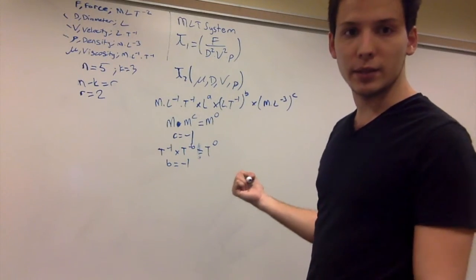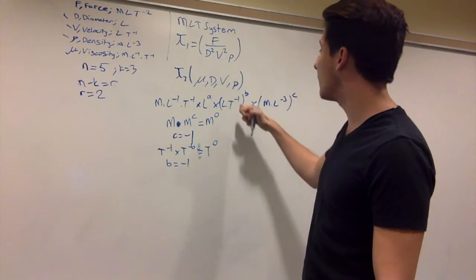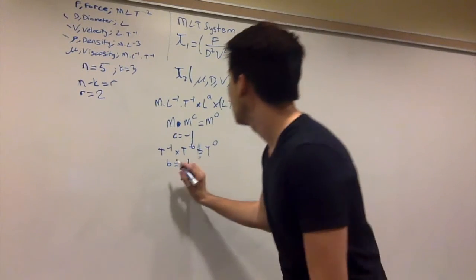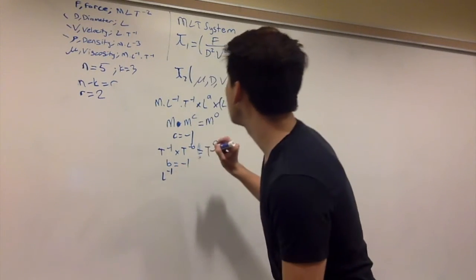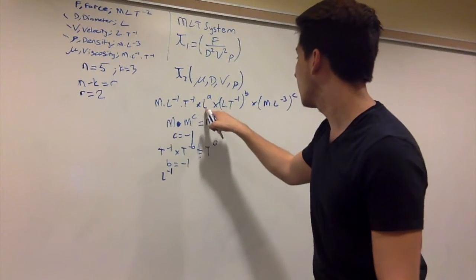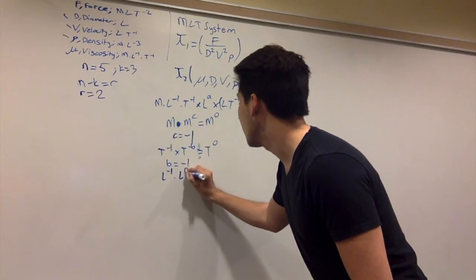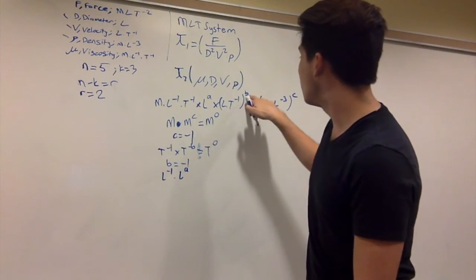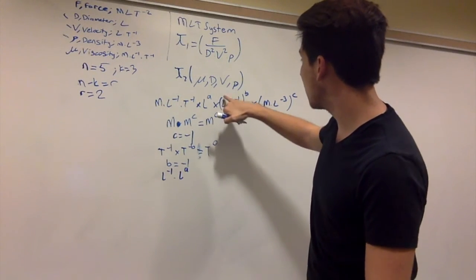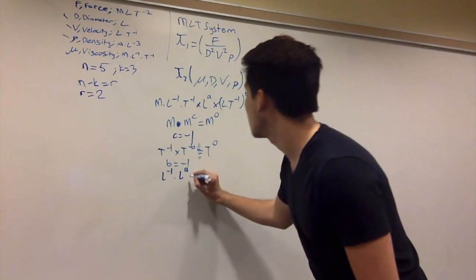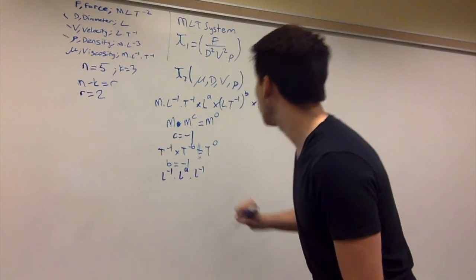Let's find the L terms so we can find coefficient a. It's L to the power of -1 from here, and L to the power of a. We found b as -1, so I can multiply them, which gives me L to the power of -1.